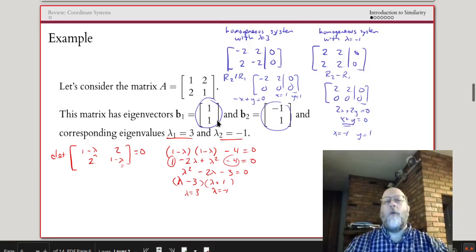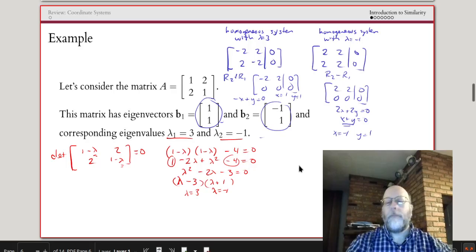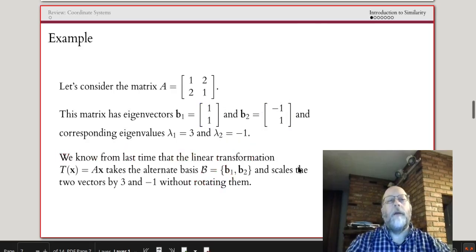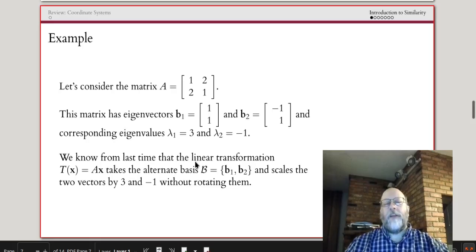Okay, so we now know what the eigenvectors are, and we know what the eigenvalues are. We know from last time that the linear transformation that we get by taking A times x takes this alternate basis made out of these two vectors, and it scales the vectors, but it doesn't rotate them.